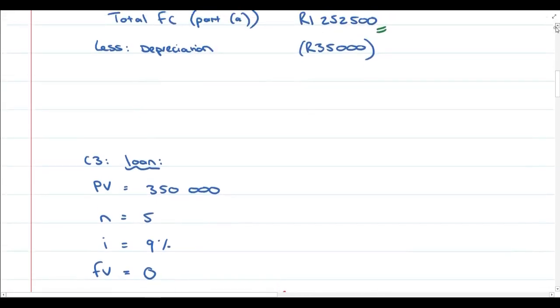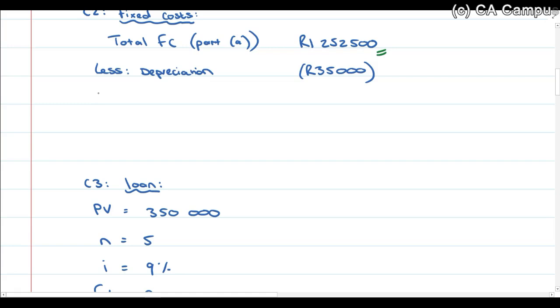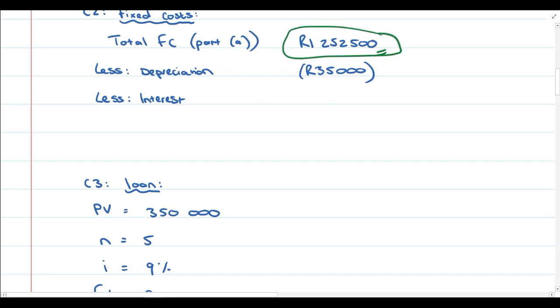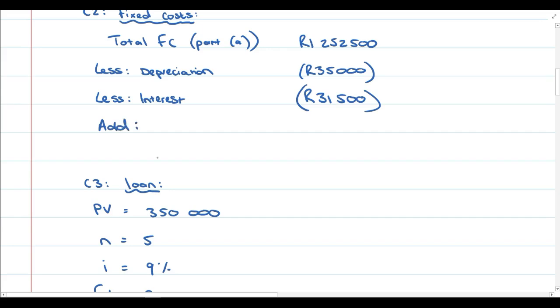Or, as an alternative, an easier way to perform the calculation is to exclude the interest, because we know included in this calculation of fixed costs over here, we have finance costs of 31,500. So take those finance costs out and instead include the total loan installment.